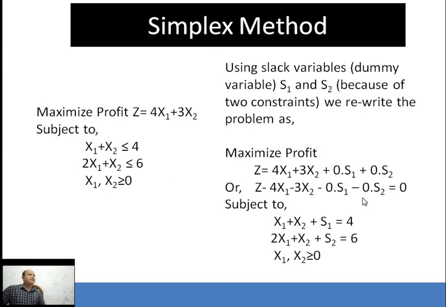But in the constraints, x1 plus x2 plus s1, we use the first dummy, s1, to equalize the first constraint, that is equal to 4, and we use the second dummy, s2, to equalize the second constraint, that is 2x1 plus x2 plus s2 equal to 6.